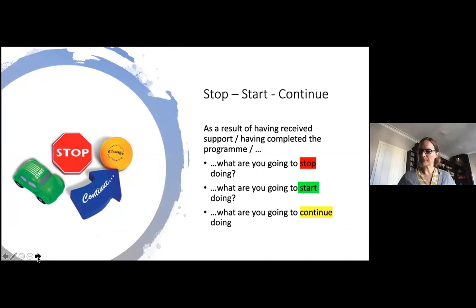Then there's a stop, start, continue exercise. So at the end of a session, you could ask participants, as a result of having completed a program or received the kind of support, what are they going to stop doing? What are they going to start doing? And what are they going to continue doing? Again, I think Emma and Sam are going to talk about something similar.